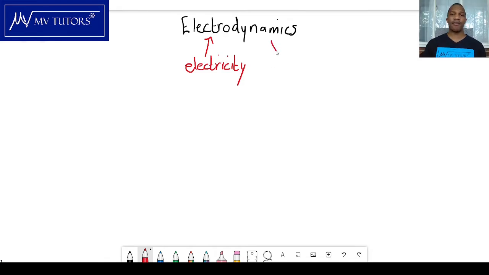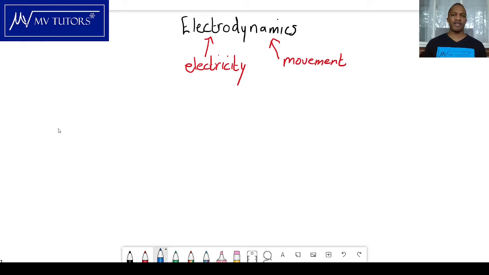And then dynamics simply means movement. So it's like electricity movement, or the movement of electricity. That's what we mean when we're talking about electrodynamics.